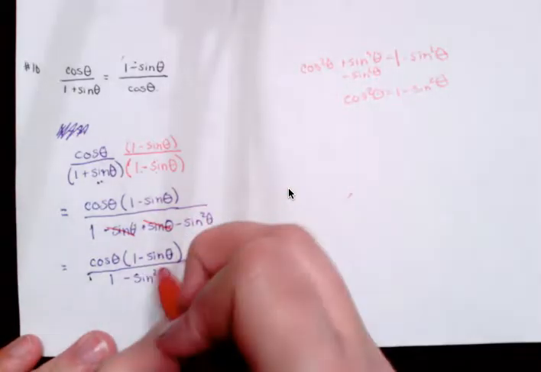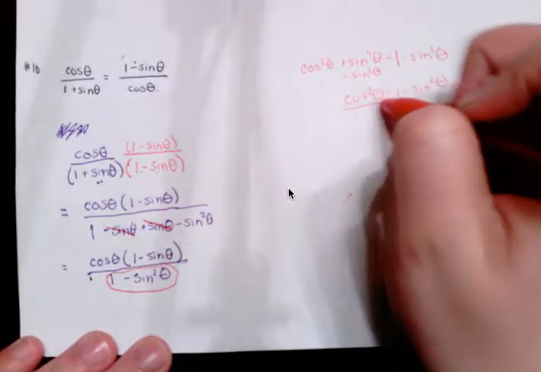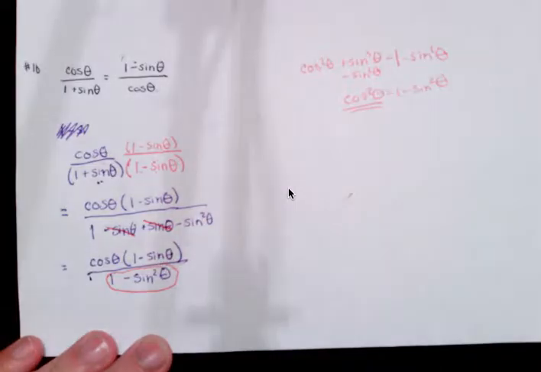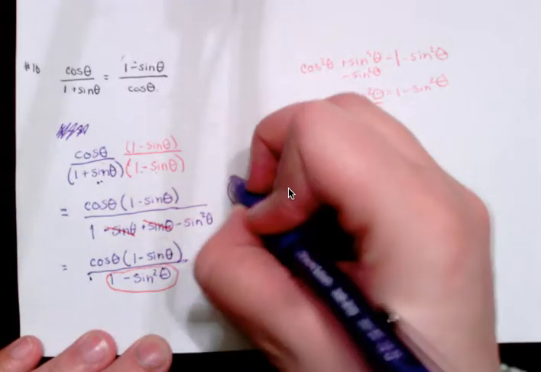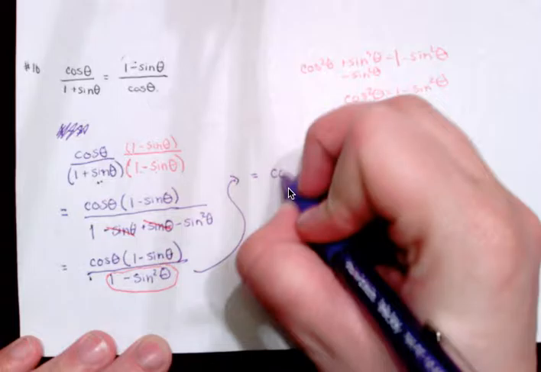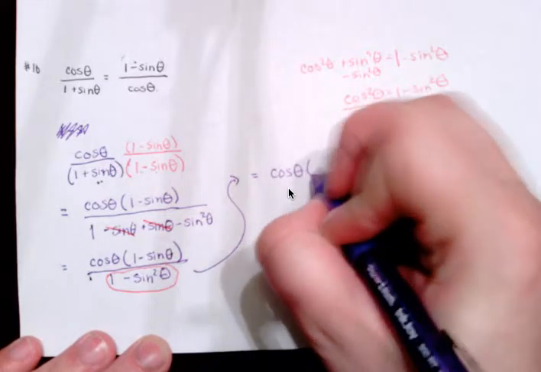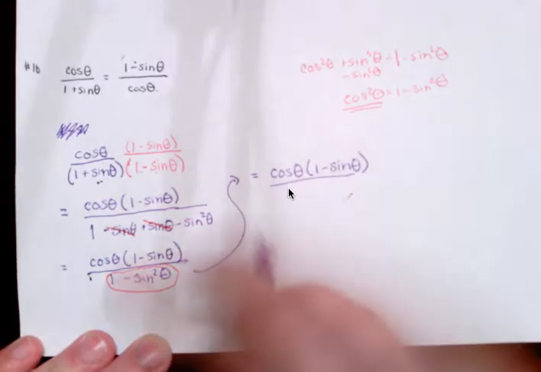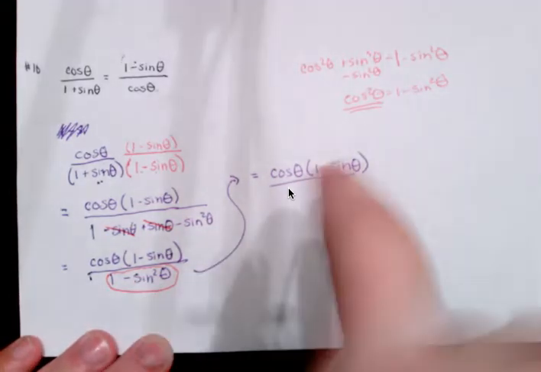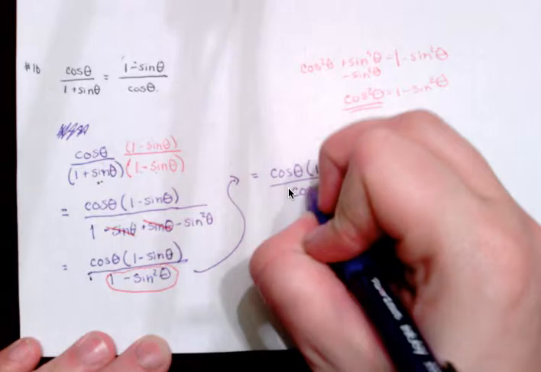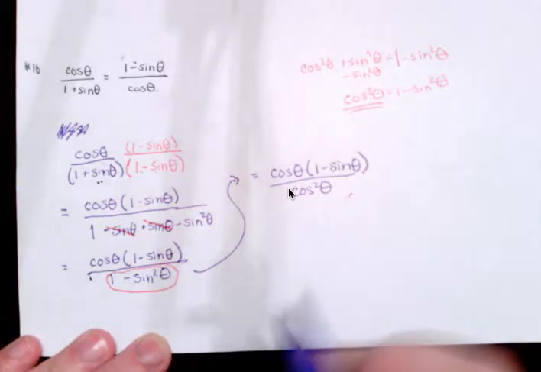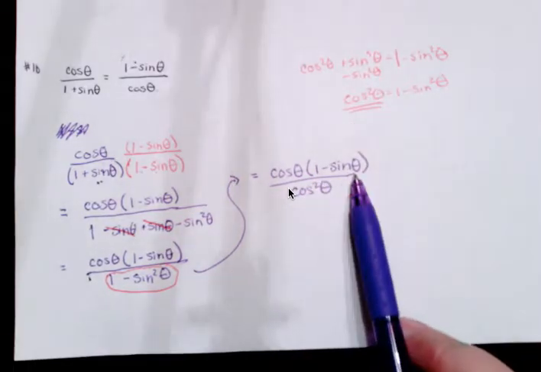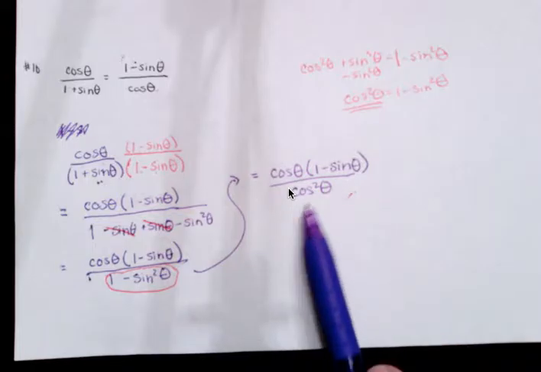I can replace all of this with cosine squared thanks to my Pythagorean identities. So, then I have cosine of theta, 1 minus sine of theta, over, we said we can rewrite this as cosine squared. Now at least I have the 1 minus sine of theta on top, and I have cosine on the bottom.